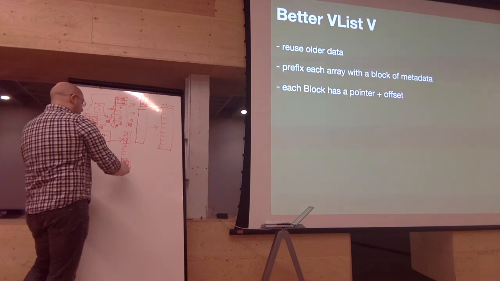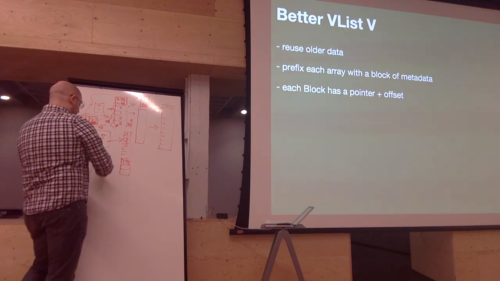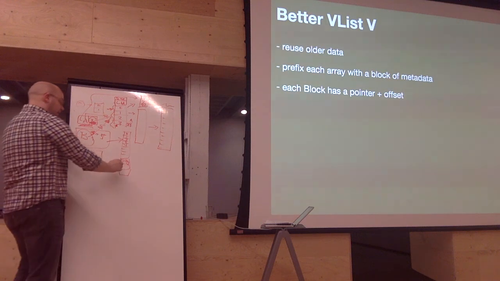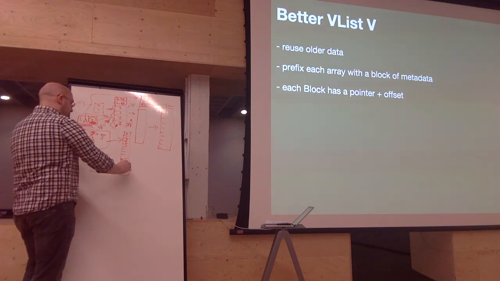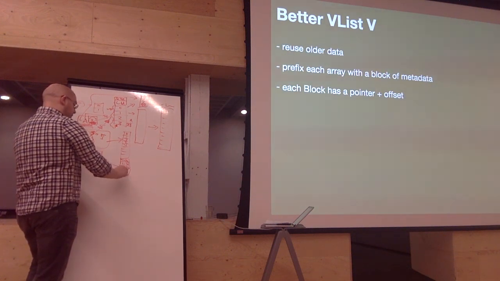We've got size, we've got last used, and we've got two other things. We do exactly this idea. We have a pointer to the base or the previous version, and we have an offset into the previous version.